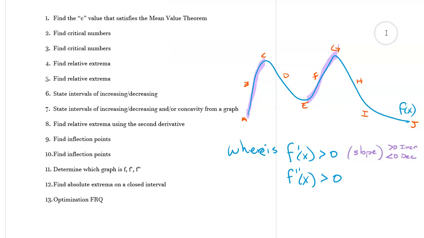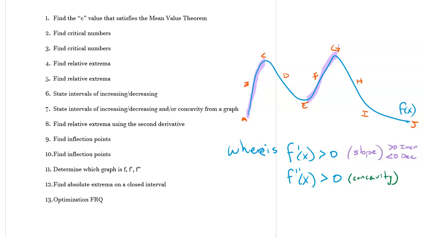Alexandre, can you tell me where f double prime of x is greater than 0? Do you want me to kind of guide you through that? Okay, f double prime represents concavity or curvature.